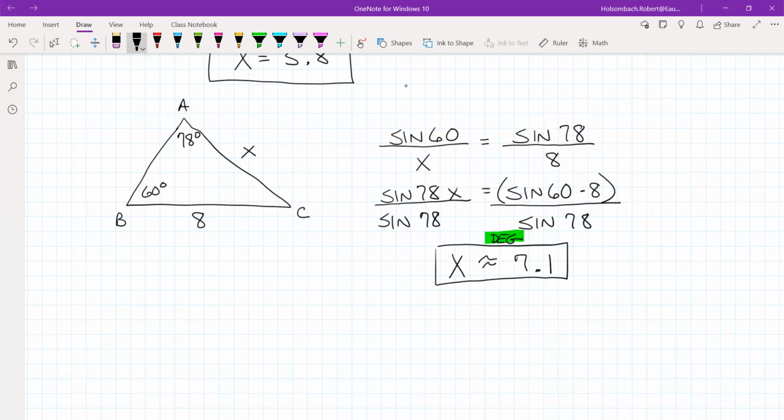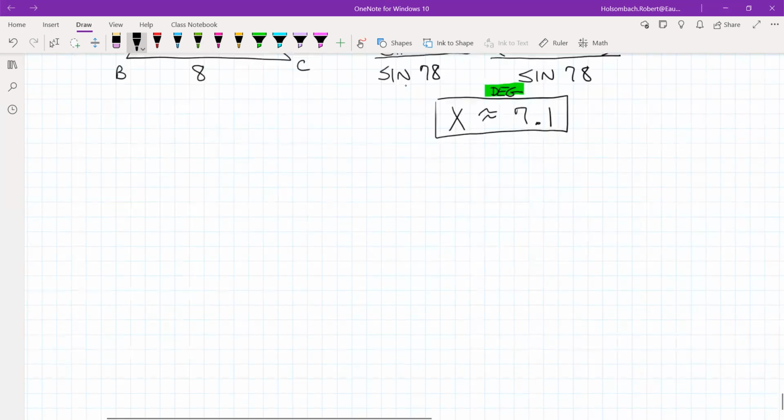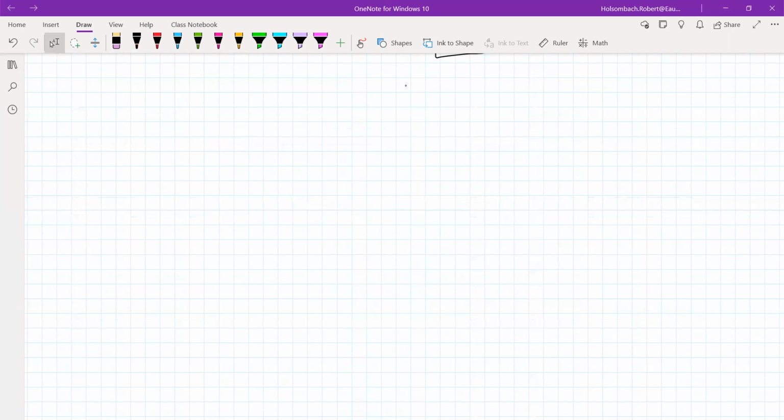Look at the top of page 589. Those are all the same type problems, aren't they? All right, so let's do one more example. Let's do example 2.